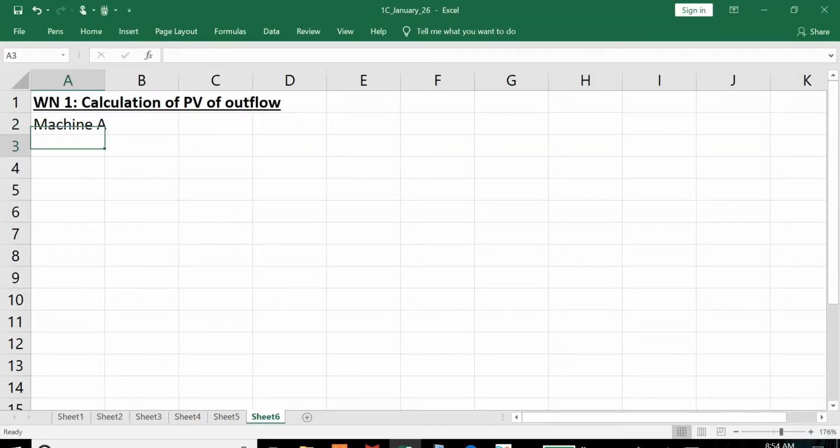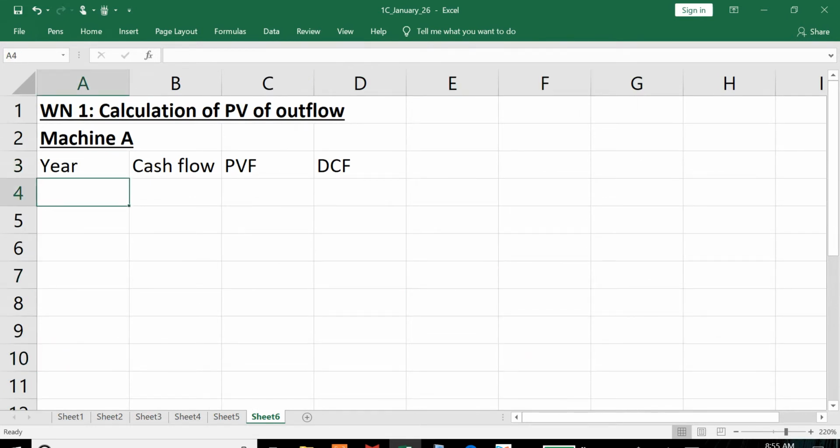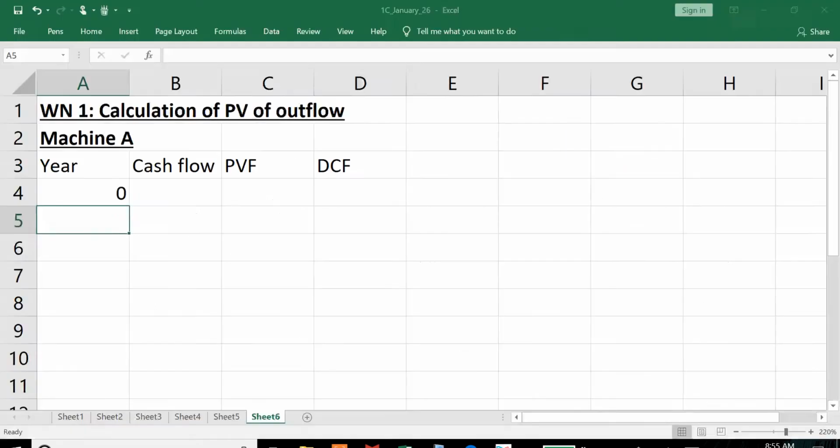Machine A, 4 columns: year, cash flow, PVF and DCF. You can look at the numbers and then write it.